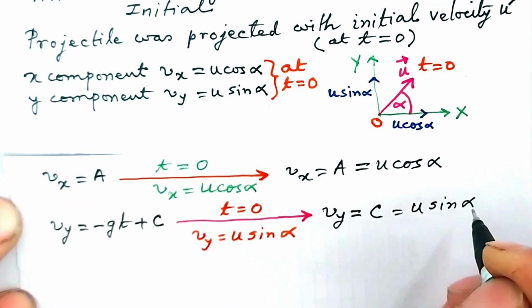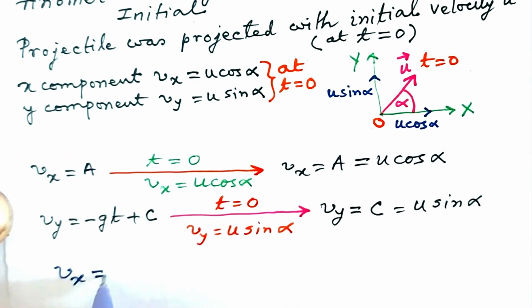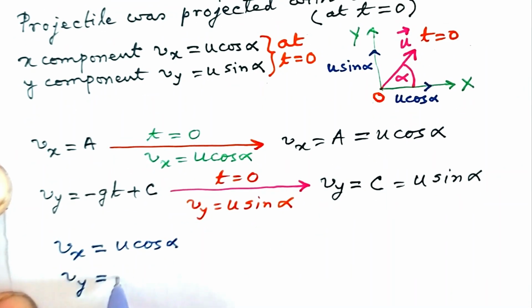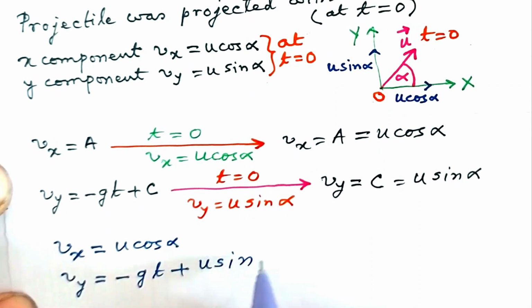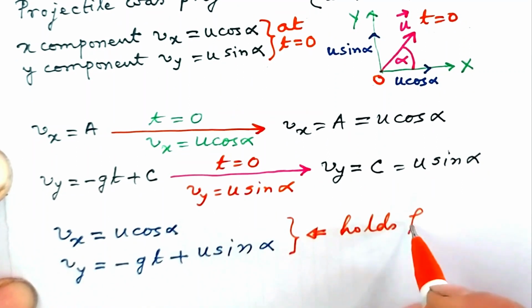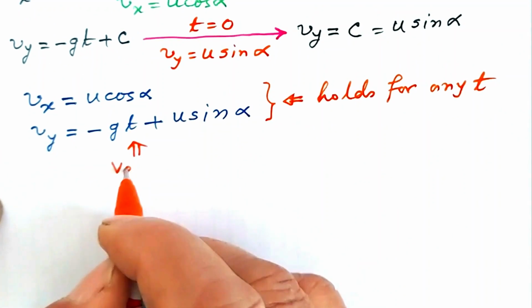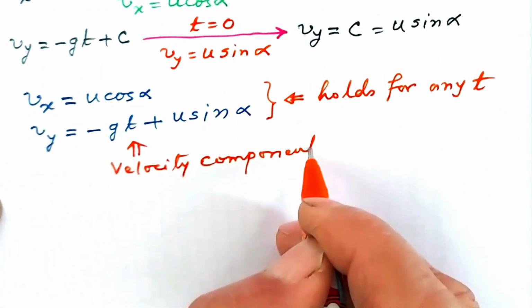We have thus, with the initial conditions on velocity of projection, obtained the constants a and c. And now we write the velocities Vx equal to u cos alpha and Vy equal to minus gt plus u sin alpha. This holds for any time t. These are the velocity components.